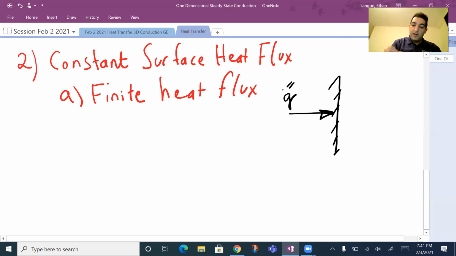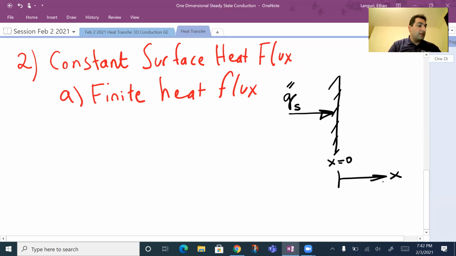We show the heat flux as Q double prime, and since it's on the surface, let's show a subscript S, so that represents the heat flux on the surface. Again, let's call that x equals 0 at the location of the surface, and x is in this direction.